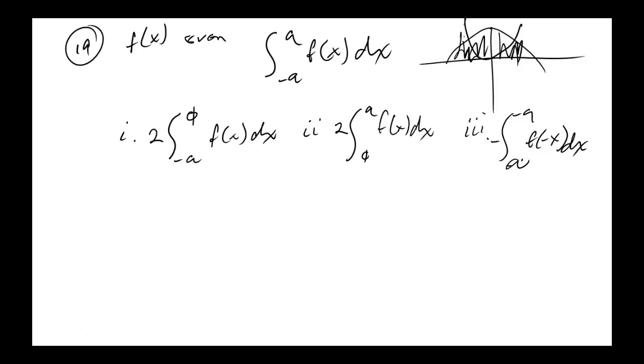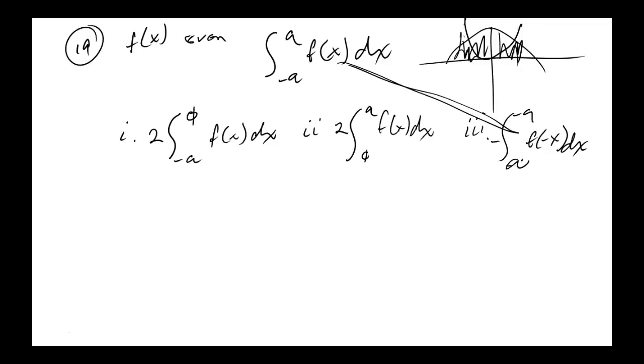Right. Okay. Now, the area under here, an even function, f of negative x is equal to f of x. But if you flip these, you also negate. So all three of these are correct.